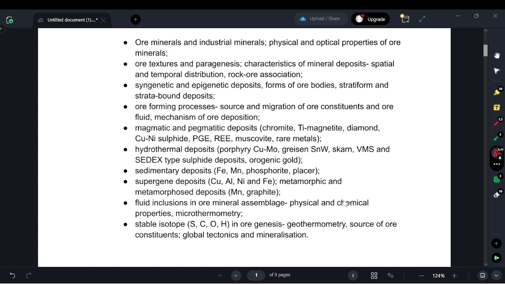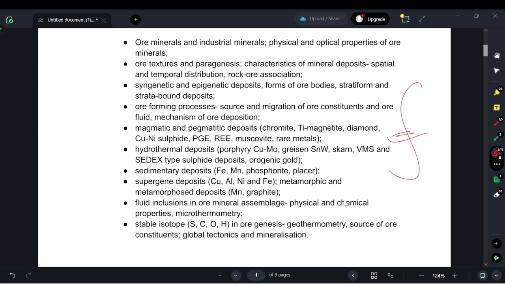You have the ore mineral and the industrial mineral, then the physical and optical properties of the ore mineral. You have to study the ore texture and its paragenesis. You have to study the mineral deposit, spatial and temporal distribution. So all of these things, the copper-nickel deposit, the PGE, the REE, the muscovite, we will be covering in this lecture of economic geology.